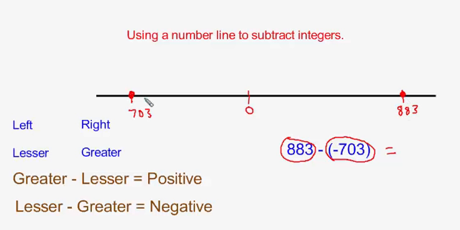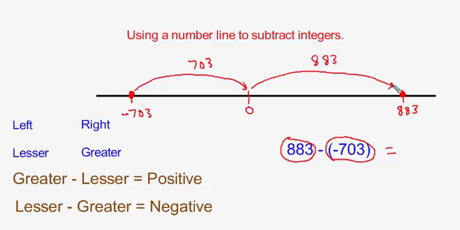So I will argue that negative 703 is 703 units from 0. That would get you from here to 0, and then you'd have to go 883 more units to get to this point. So if I added 703 to 883, that would give me the distance between the 2 points.